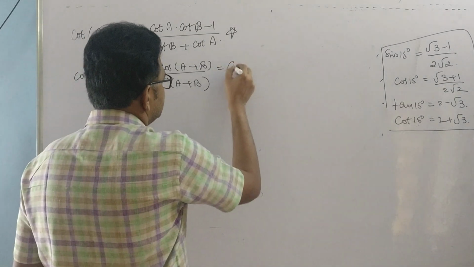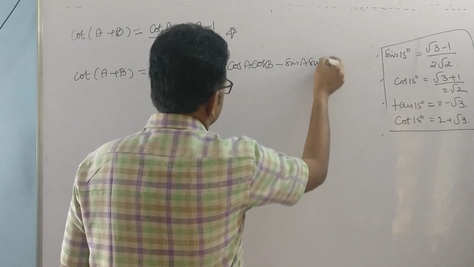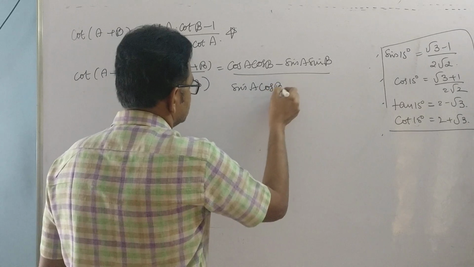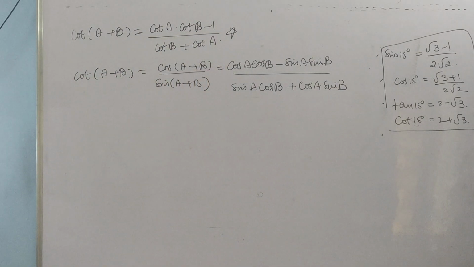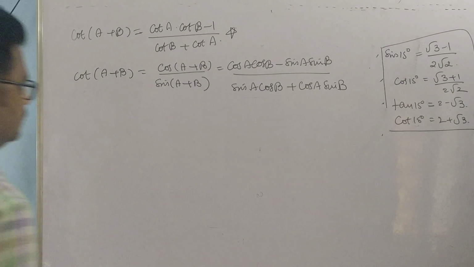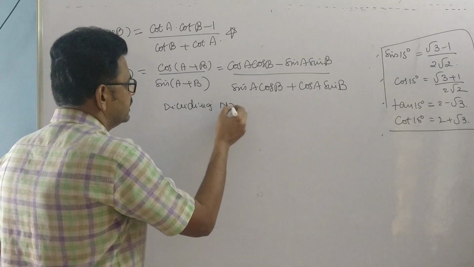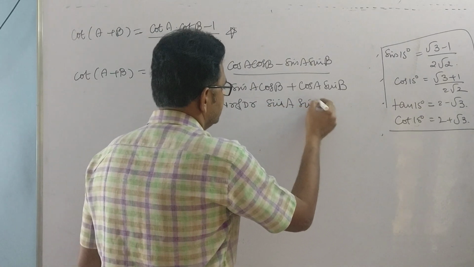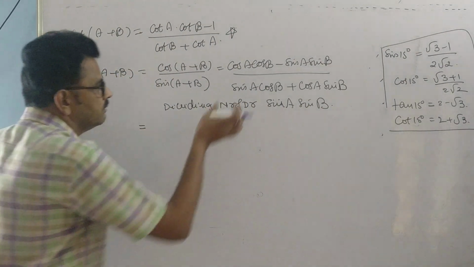This you write, cos A plus B is cos A cos B minus sin A sin B by sin A cos B plus cos A sin B. So for this, dividing numerator and denominator by sin A sin B. So this is equal to, I can divide separately.